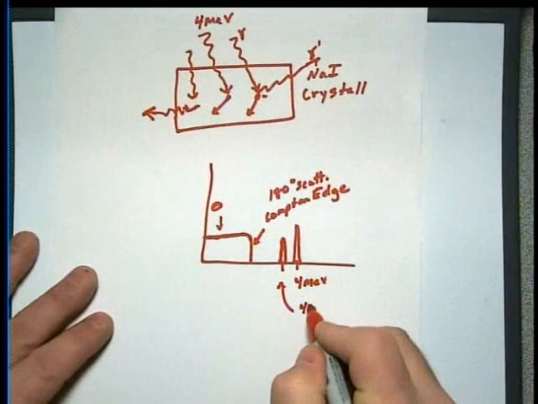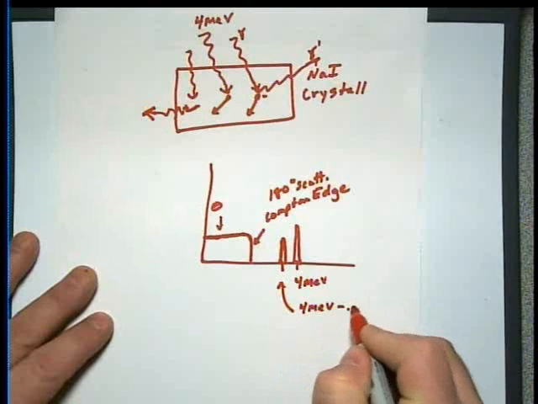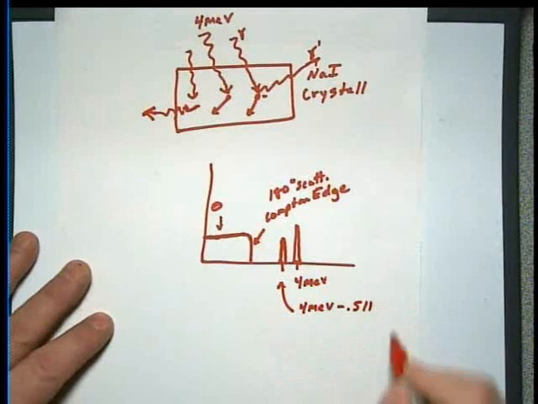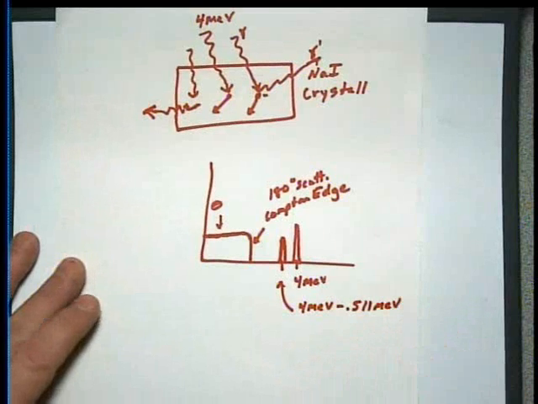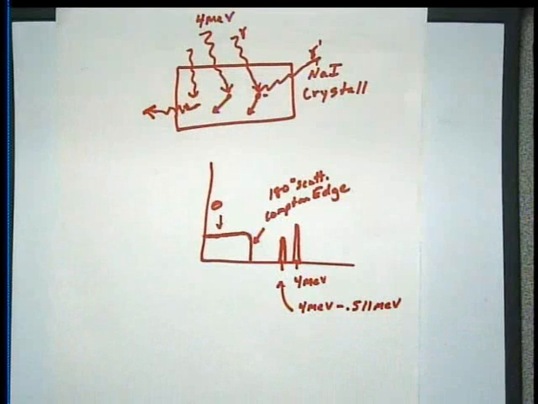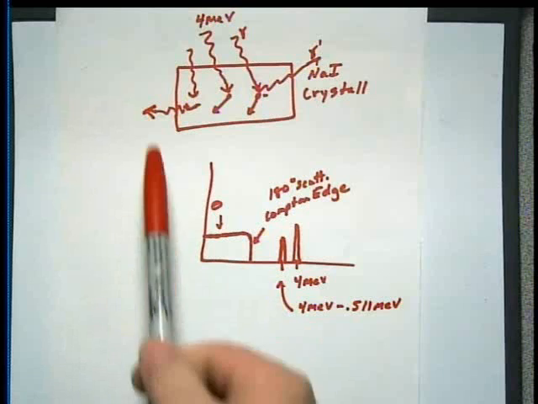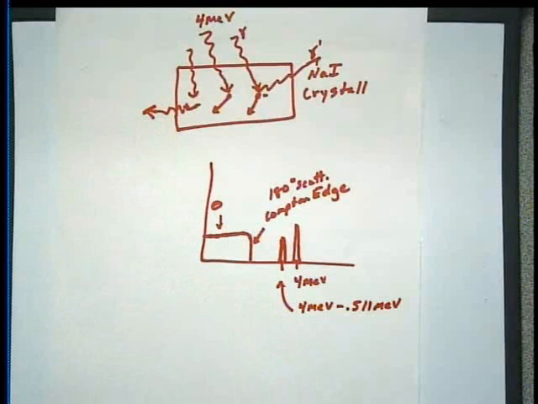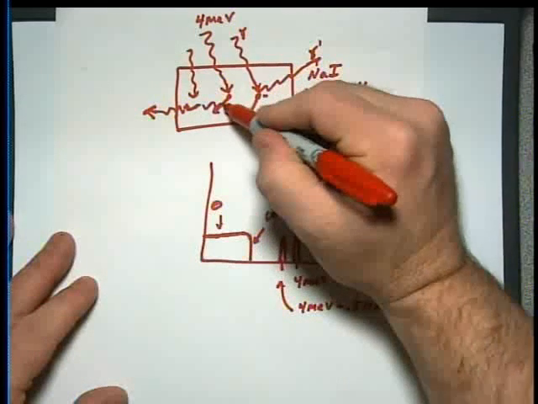This will be at 4 MeV minus 0.511. And the name for that peak is called the first escape peak, and it's because there was one escaping 511 gamma. It's also possible that the second one might get out.